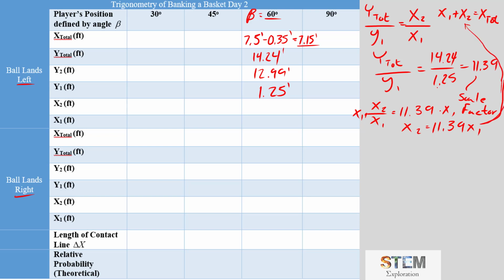If we rewrite that down here, what we get is X1 plus 11.39 X1 is equal to the X total, which, remember, in this case changed. It's now 7.15 feet. We set this equal to 12.39 X1. Divide both sides by 12.39.